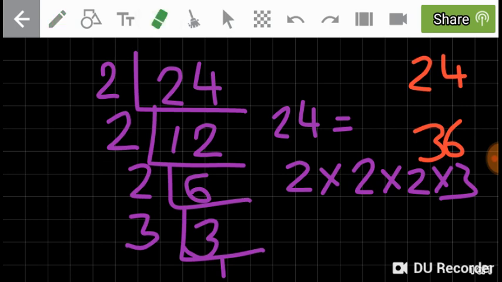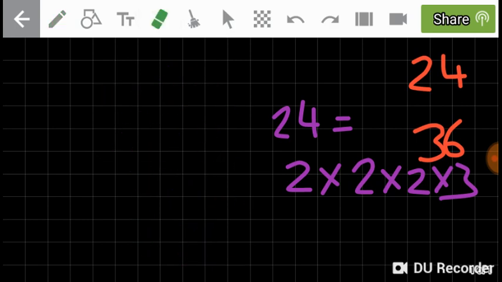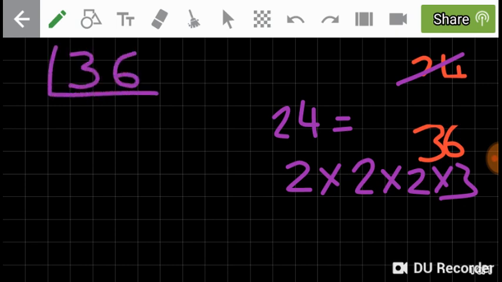Now we erase the part that we did for 24 and do it for the number 36. Again we figure out the lowest number by which it can be divided. The lowest number is 2, so it comes out to be 18.